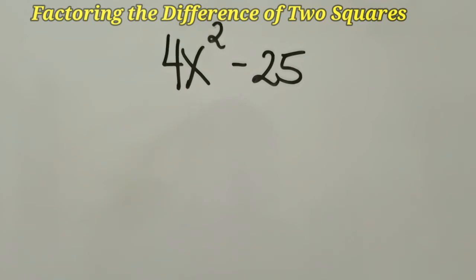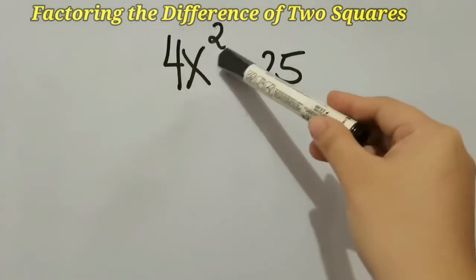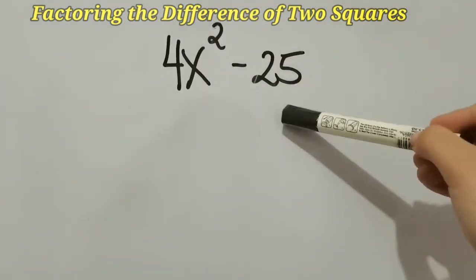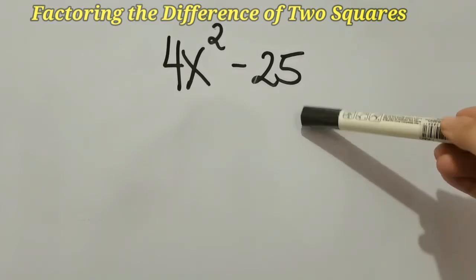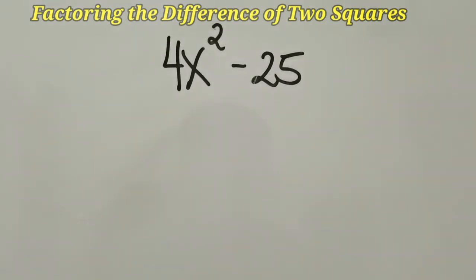How about the second condition? There is a minus sign between the two terms. Ayan, so subtraction yung sign sa gitna ng dalawang term. Therefore, this one is a perfect square binomial.